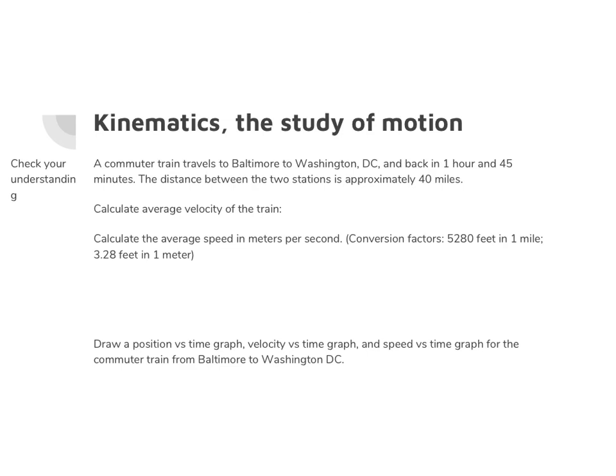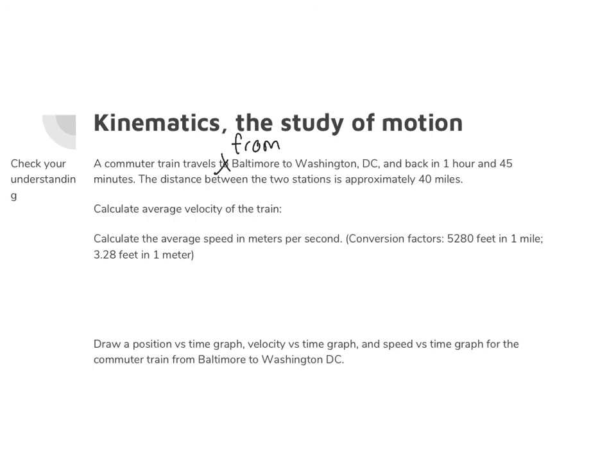So now let's go ahead and check your understanding. A commuter train travels to Baltimore, from Baltimore to Washington, D.C. and back in 1 hour and 45 minutes. The distance between the two stations is approximately 40 miles.